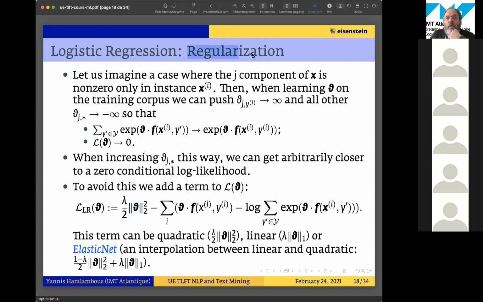And this is called regularization. This norm can be quadratic or linear. So this typically will be the max, and this will be Euclidean typically. And there is also a combination of the two called elastic net, where you have an averaged sum of quadratic and linear.